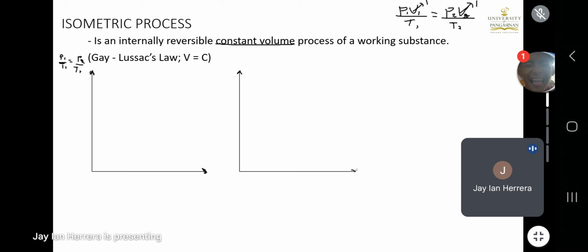So, our most common diagram is the PV relationship or pressure to volume relationship, and TS diagram, temperature to entropy relationship.